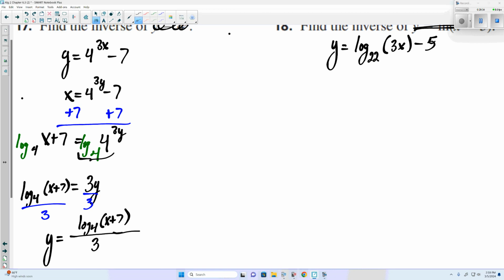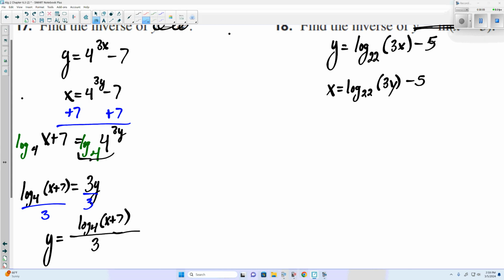Well, luckily for us here, we don't have an f of x, so we don't have to switch it to y. But the first step is to switch x and y. So x is equal to log base 22 of 3y minus 5.